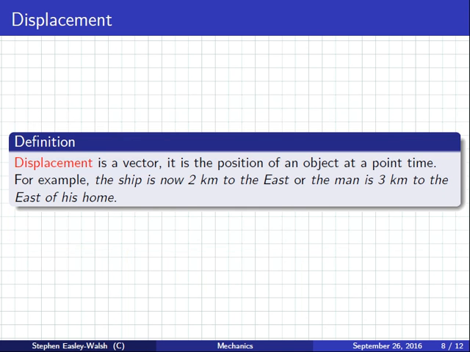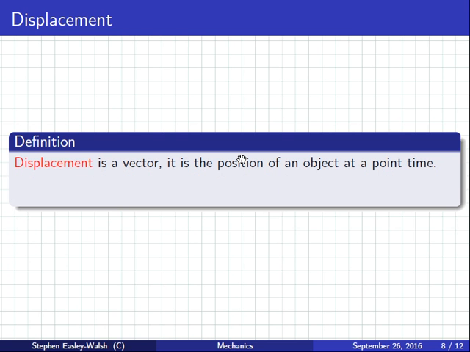That's a displacement because I'm telling you where he is compared to me. Yeah. So displacement is a lot like position, where something is. Okay. So all you really need is displacement is a vector. It is a position usually at a point in time. Okay.